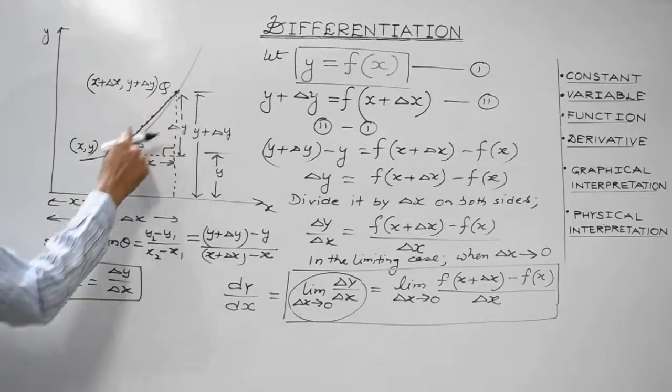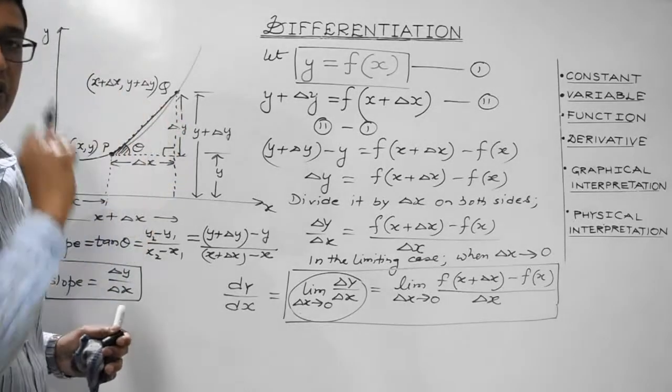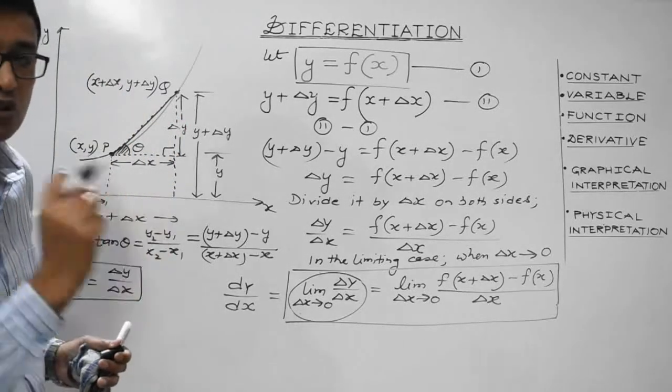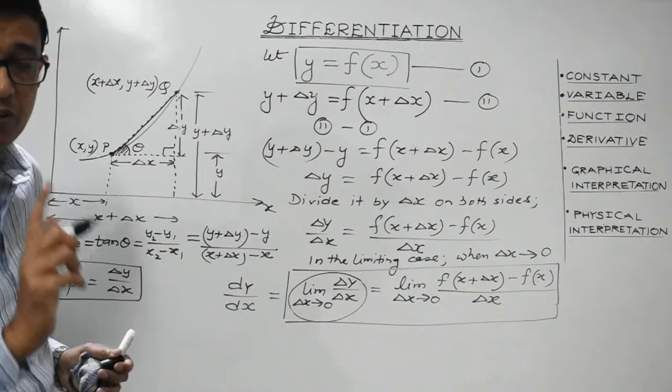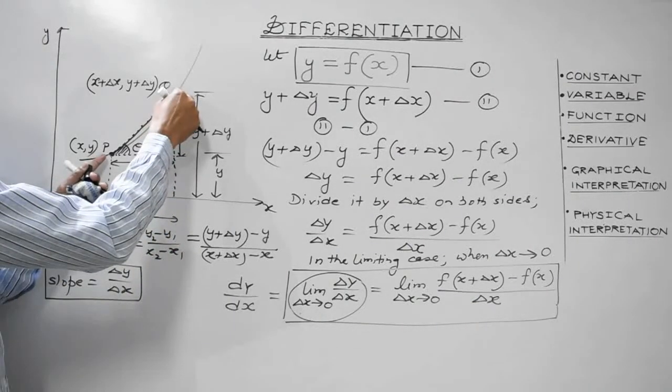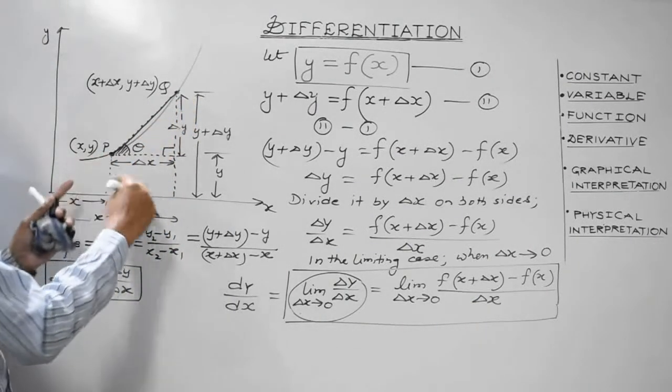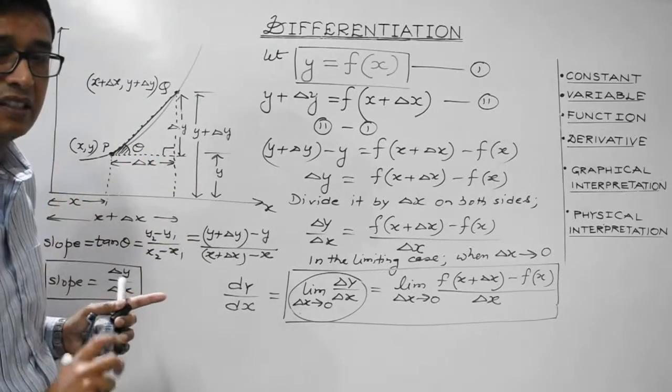So in the limiting case, when P and Q will be almost coincident with each other, then del x will approach 0. Again, as point Q comes closer to point P, del x and del y both will start decreasing.